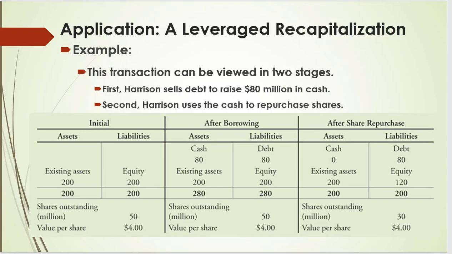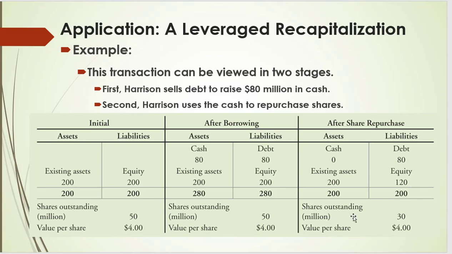So what does this look like? Here's the company originally, 200 and 200, with 50 million shares at $4 apiece. Right after we borrow, we have $80 million worth of debt. Now we take this $80 million in cash and buy back some of those shares, so our equity drops to 120.